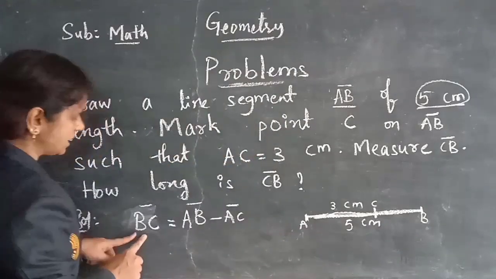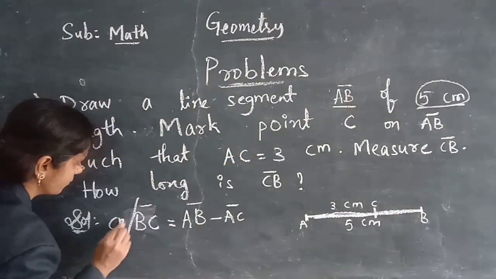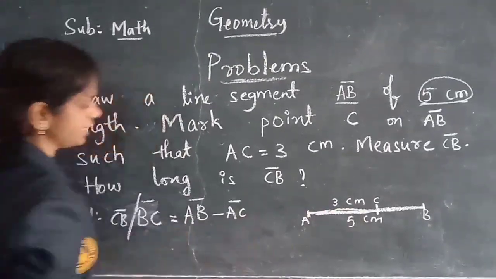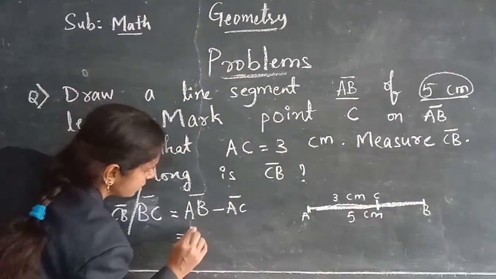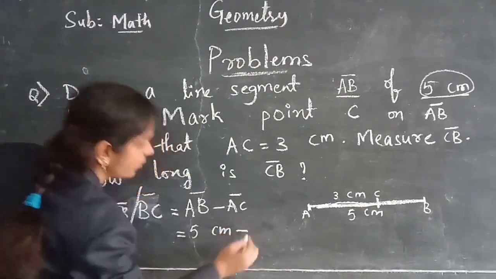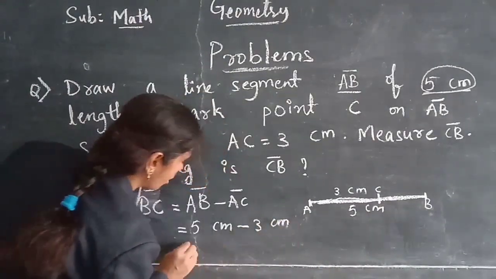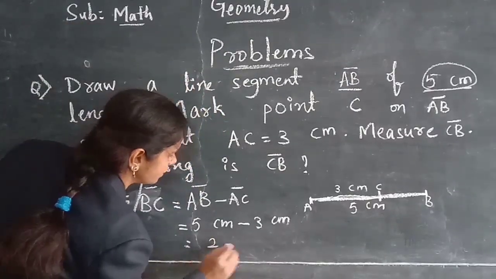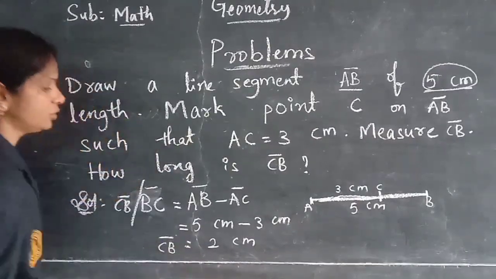CB or BC, both are the same. So AB minus AC. AB length is given as 5 centimeters in total, minus AC length given as 3 centimeters. Now 5 minus 3, we have 2 centimeters. So CB length is 2 centimeters.